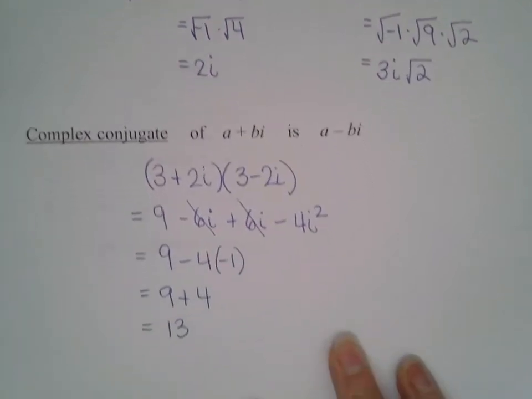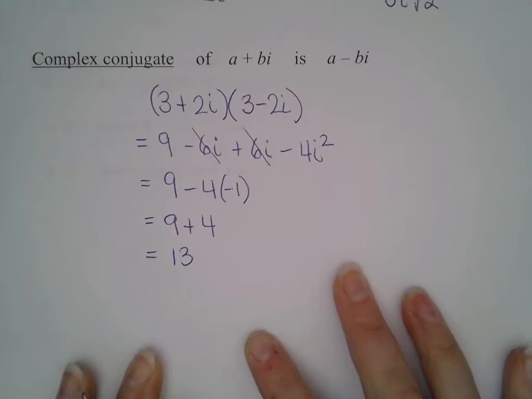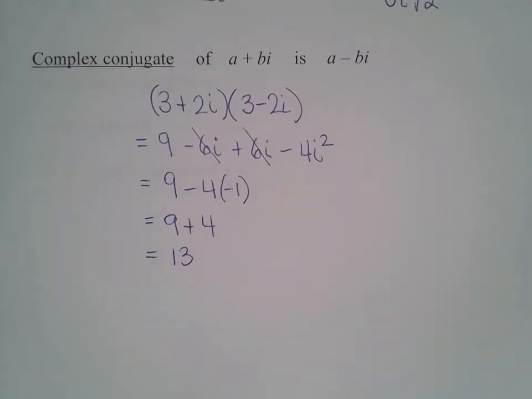And so when we multiply conjugates together, all the i's drop out and we are left with a real number. So this is going to carry some consequences later on. Sometimes we can do some factoring and take a polynomial with real number coefficients, factor it to have zeros that are complex numbers. Okay, so complex numbers very often show up in pairs, and those pairs are conjugates.